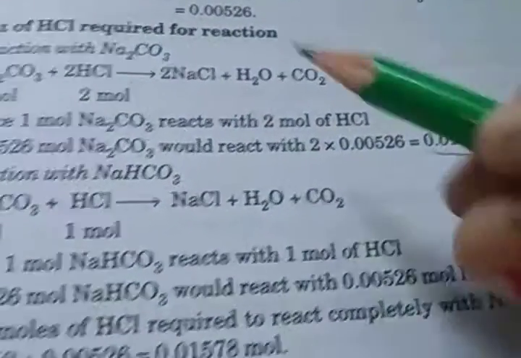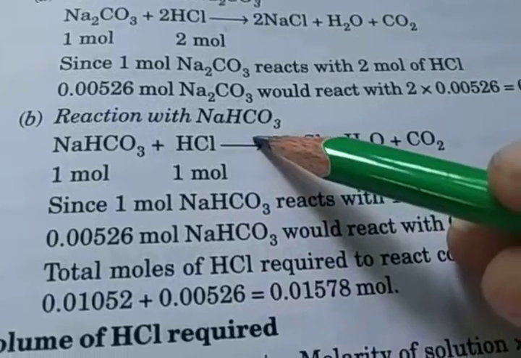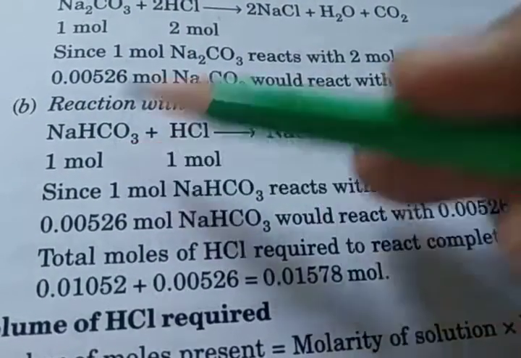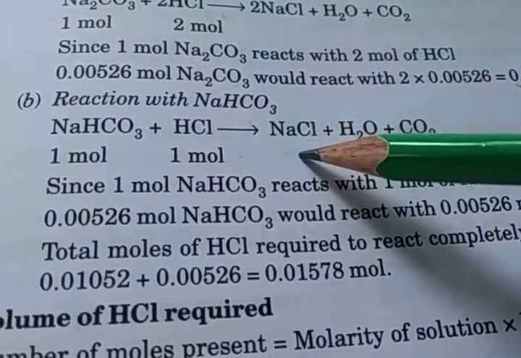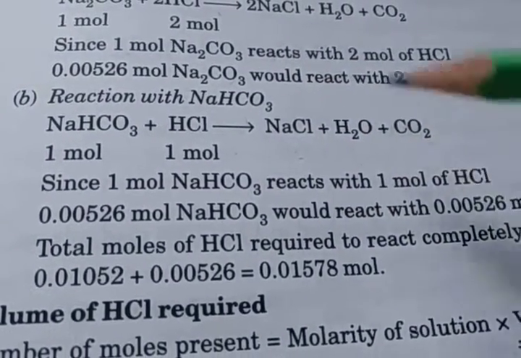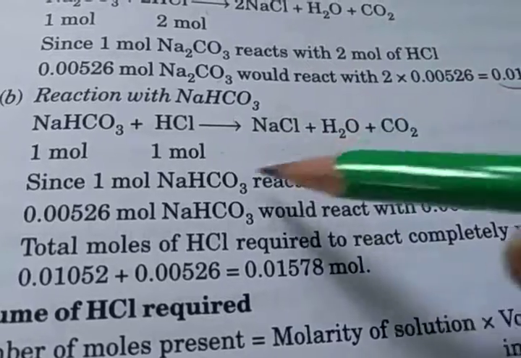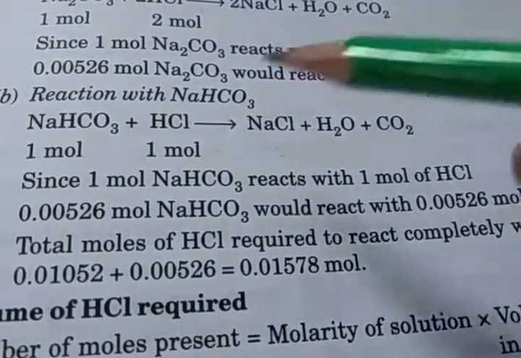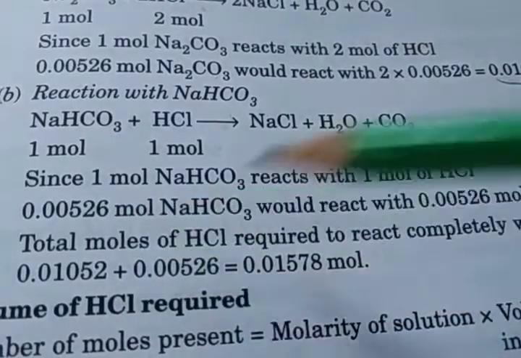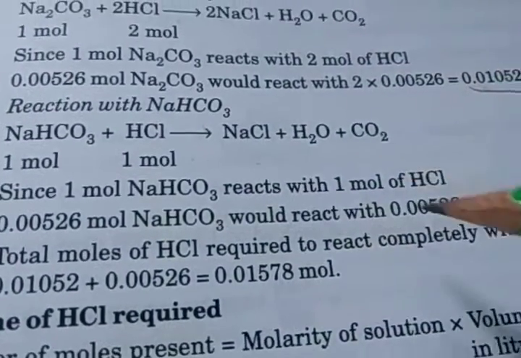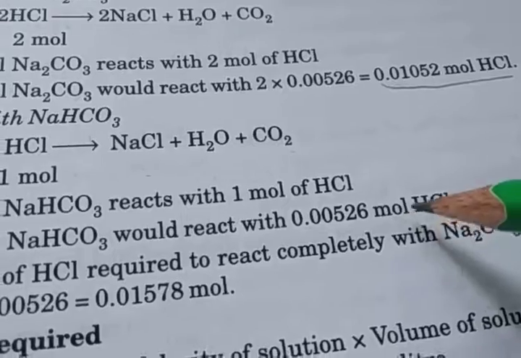Then the same reaction with sodium bicarbonate: 1 mole of sodium bicarbonate reacts with 1 mole of HCl to give NaCl plus H2O plus CO2. So 0.00526 mole of sodium bicarbonate reacts with 0.00526 mole HCl.